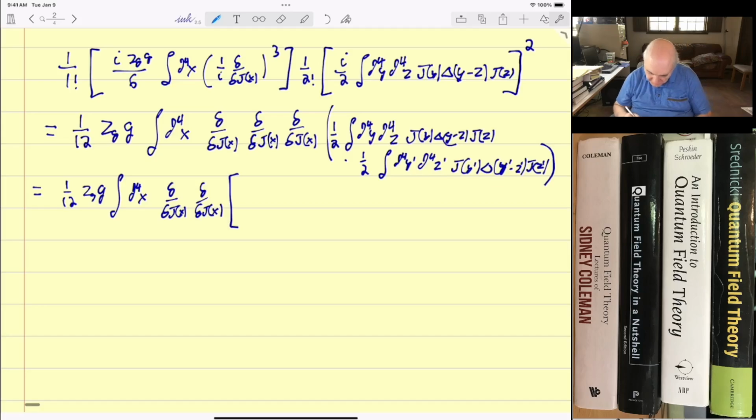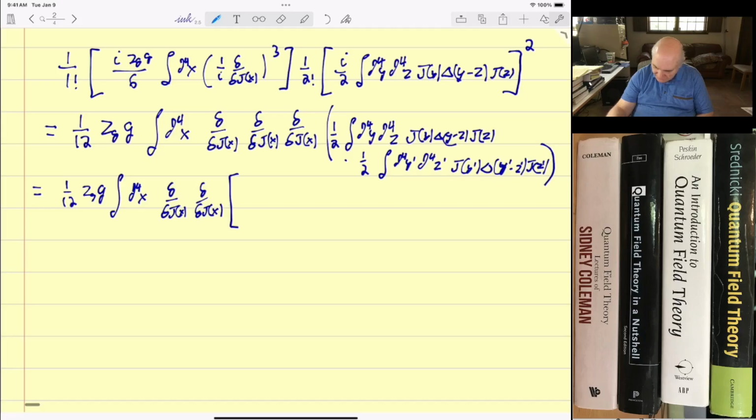Now, here's what we're going to do. So when we take the functional derivative, we'll do it first of the first term, and the product rule in calculus for derivatives still applies. We're going to take the first term, multiply it by the second term. Then we're going to take the second term and multiply it by the first term.